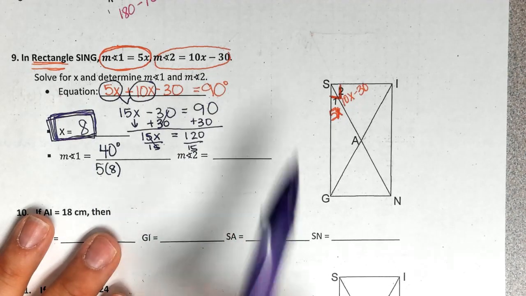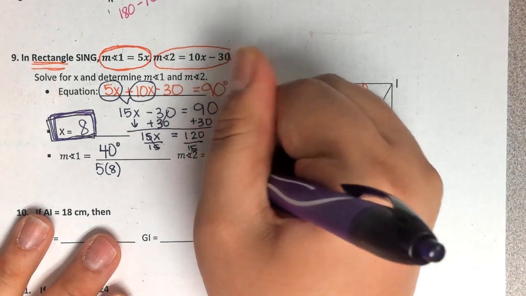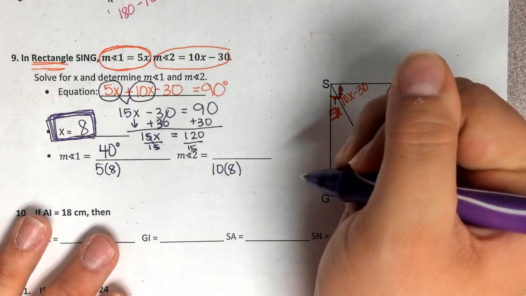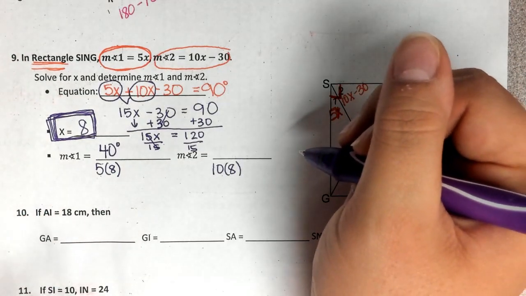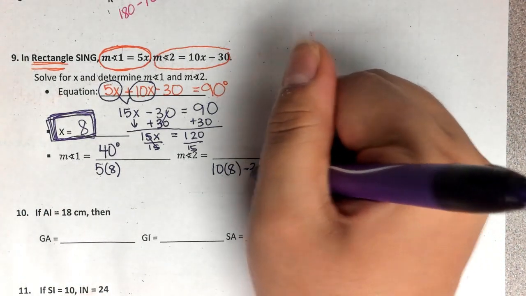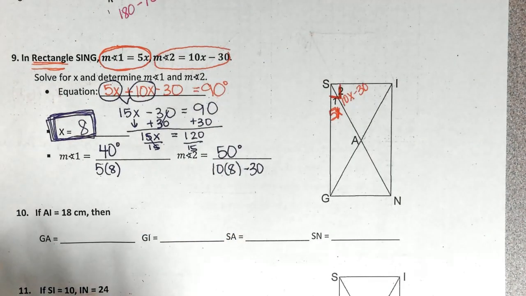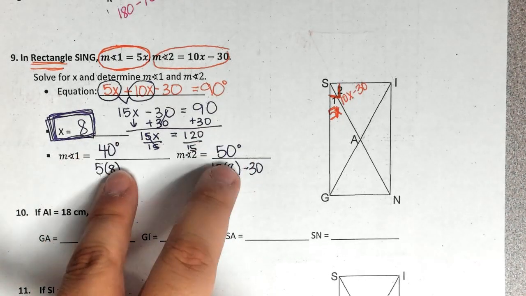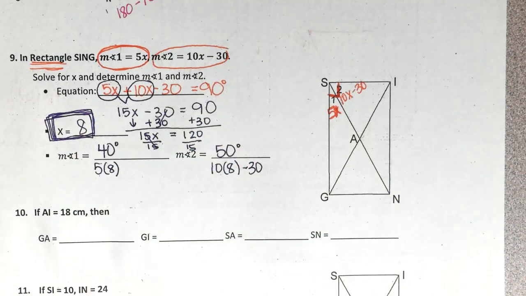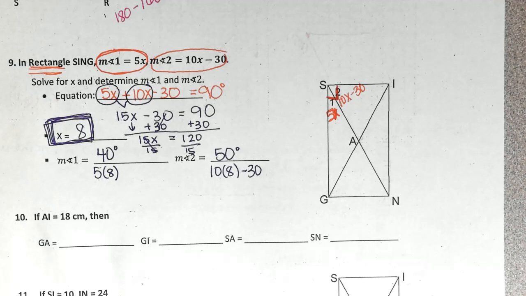We know x is 8. What is 10 times 8? Chrislyn. Minus 30. And then you can check to see if you got it right. How? Add them together to see if they equal. What should these two equal? 90. 90 degrees. I didn't say 190.